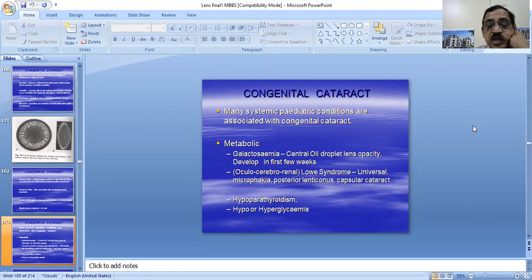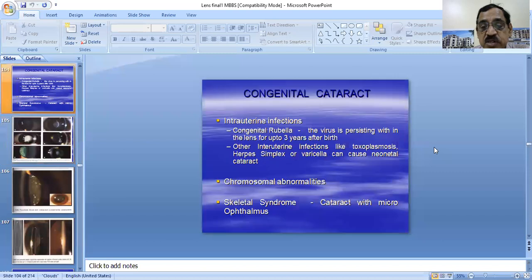And oculocerebrorenal or Lowe syndrome, which has a unilateral cataract, and microphakia, posterior lenticonus and capsular cataract can also be present. Hypoparathyroidism is another condition which can be associated with congenital cataract. Hypoglycemia or hyperglycemia may sometimes be associated with cataract formation.